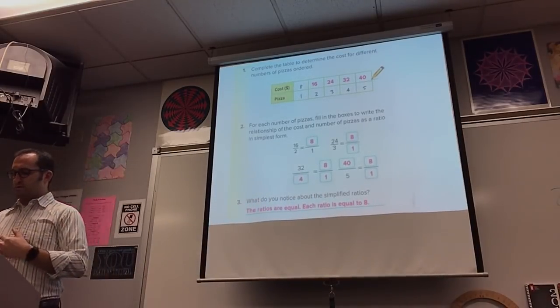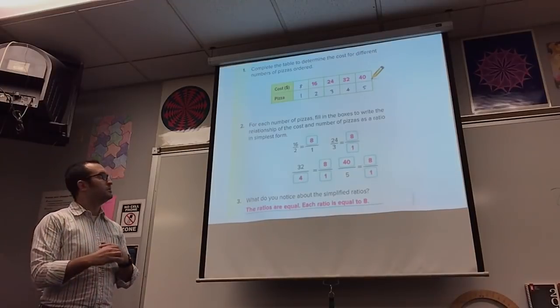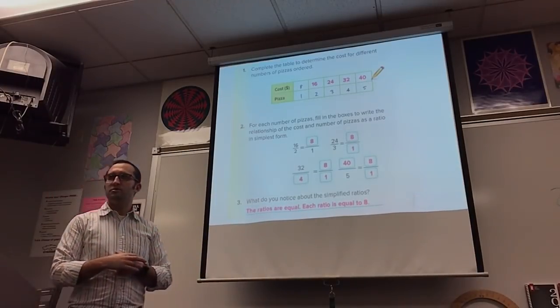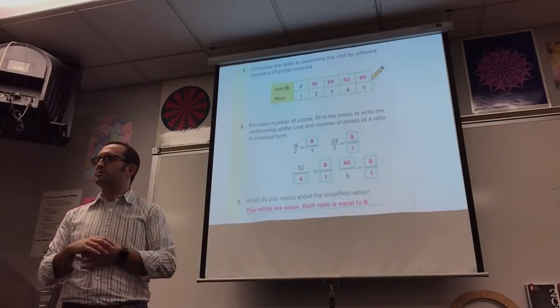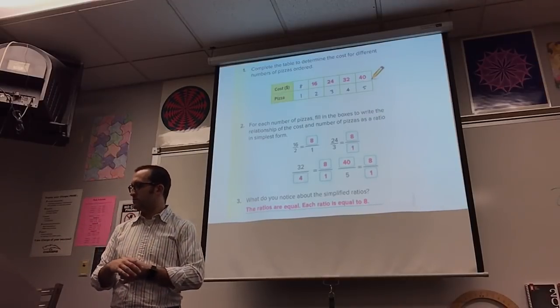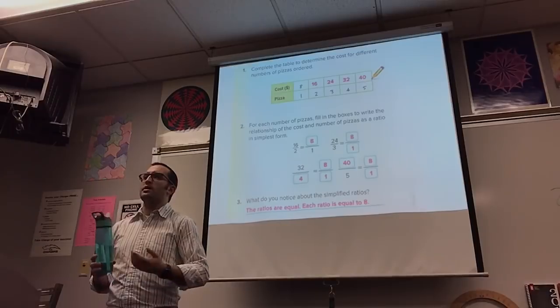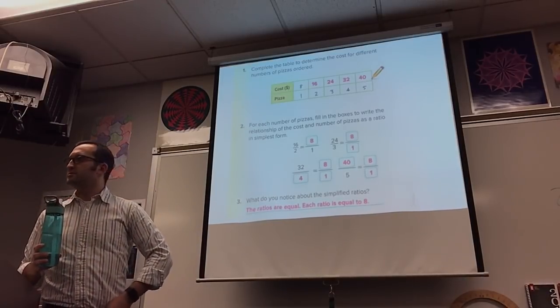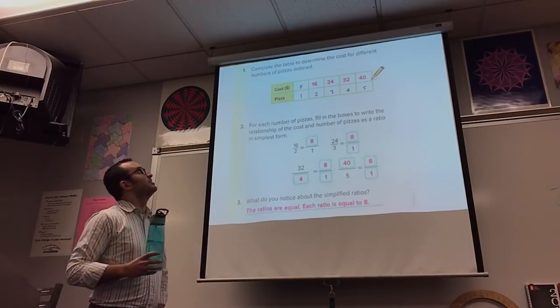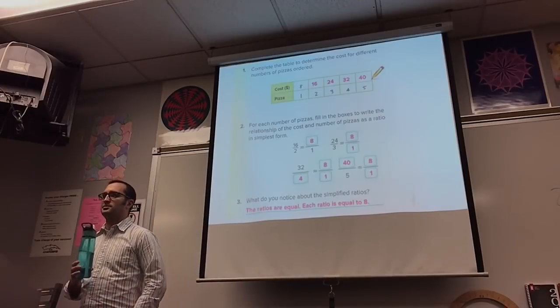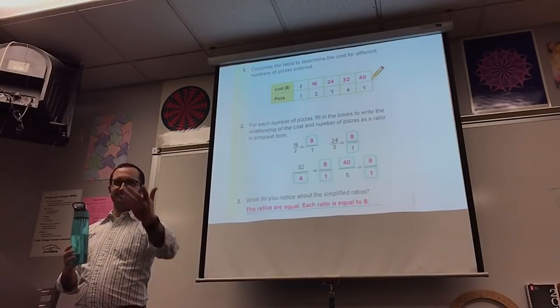Every single one. Well, why? Kobe? They're all equivalent to 8/1. Yeah, but why? Because if you simplify them, because they're all multiples of 8/1. Why?